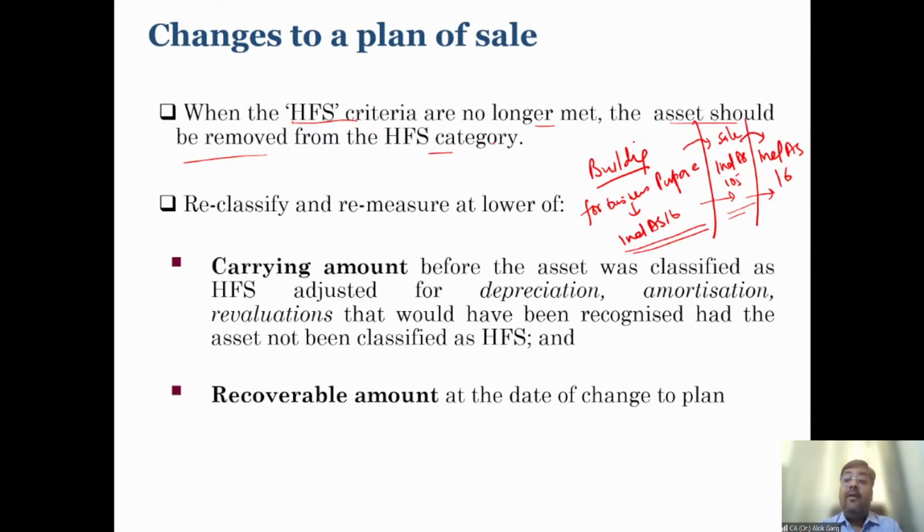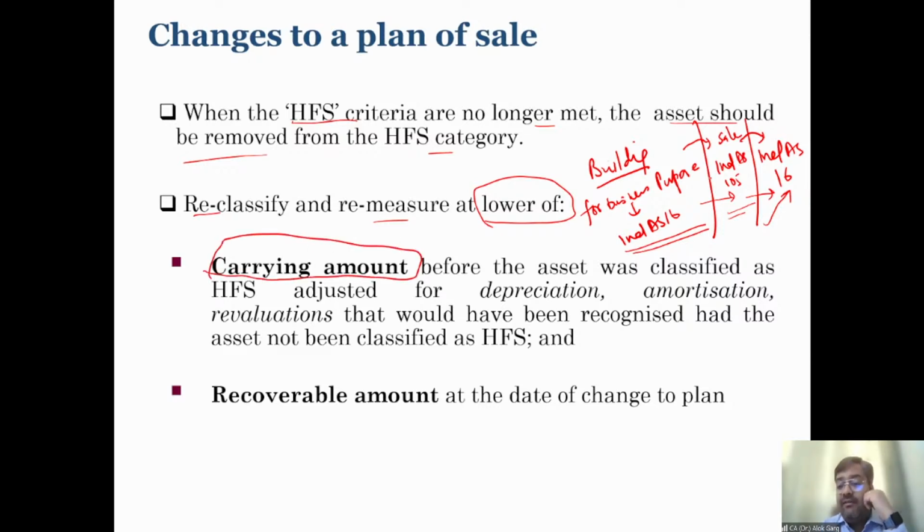Okay, sir. Then you need to reclassify and remeasure at the lower of. Again at this date, you need to reclassify from NCAHFS to PPE. But at what value? At the lower of what? Lower of carrying amount.